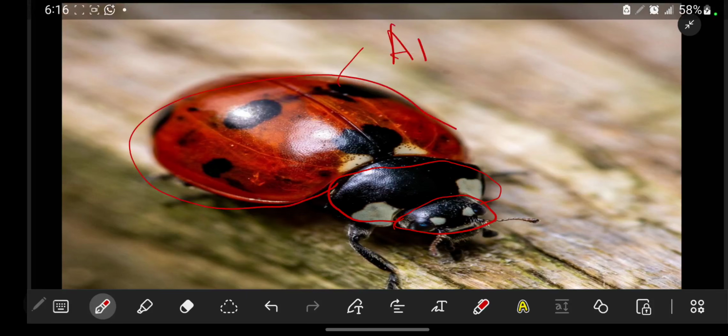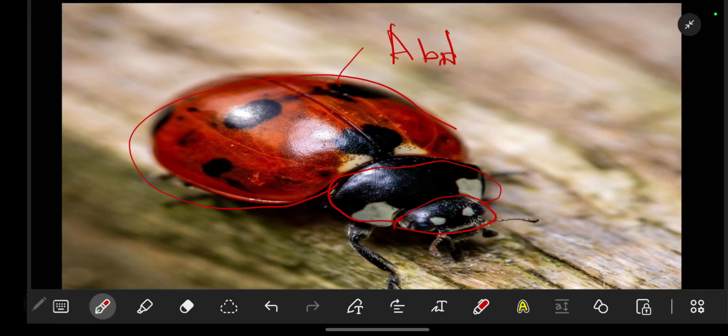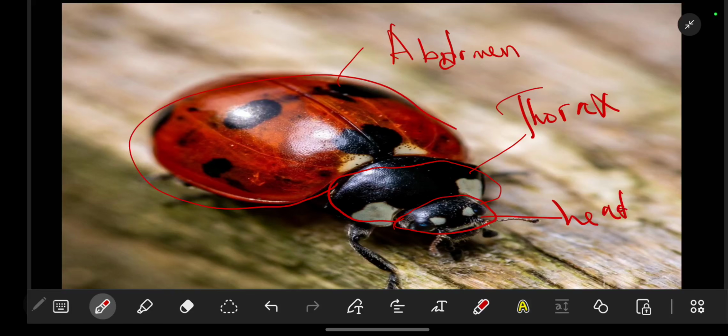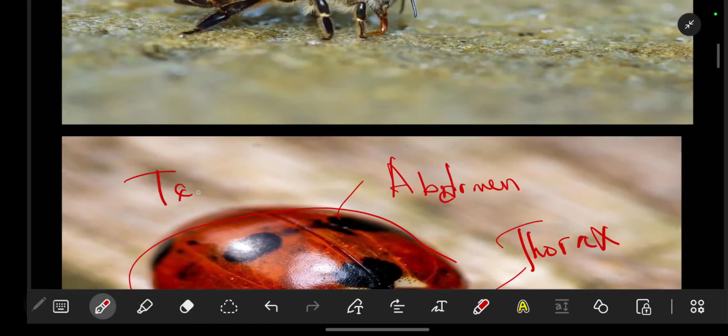So this is the abdomen, we have the thorax, we have the head. Now we can further look at what the head has. But one important thing before we move on to that: they are mostly terrestrial, which means they are found on land.